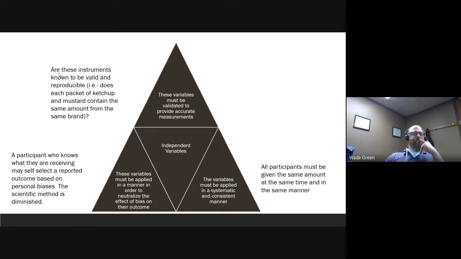So what do we do? We're going to need to introduce a third condiment into the mix that will serve as essentially a placebo and or a variable that may neutralize the effect of bias. We're going to use relish in this case.